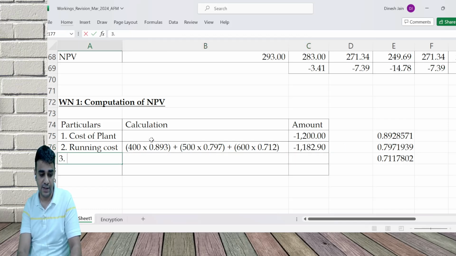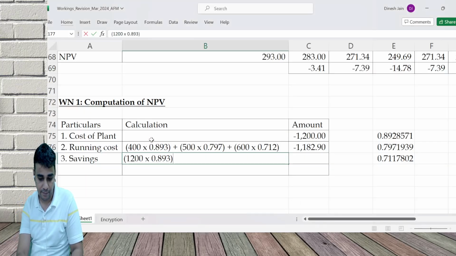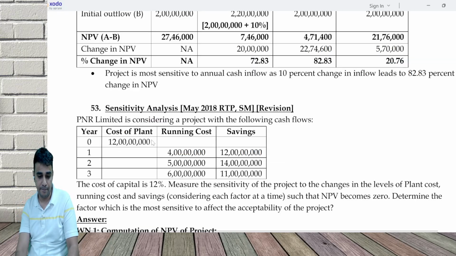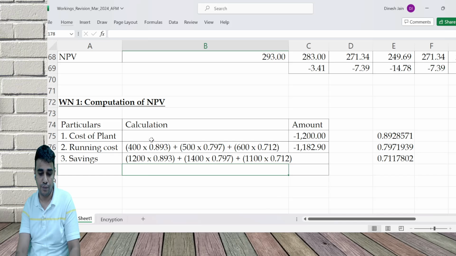Third one is savings. The savings in the first year, 1200 into 0.893. Second year 1200 into 0.797. Third year 1100 into 0.712.